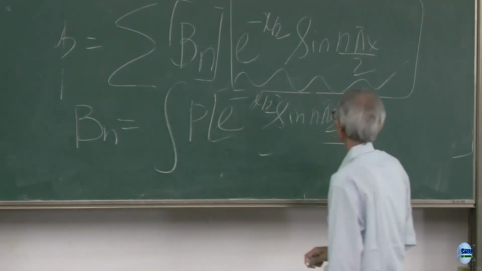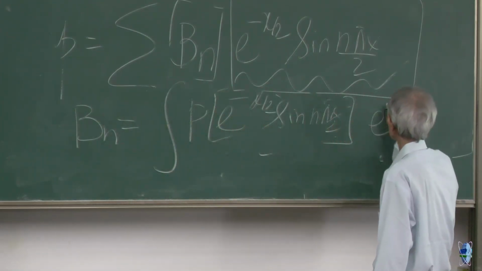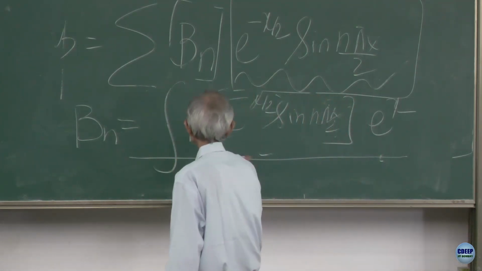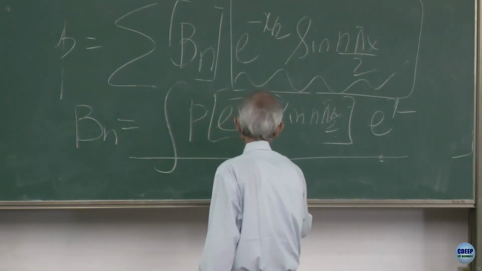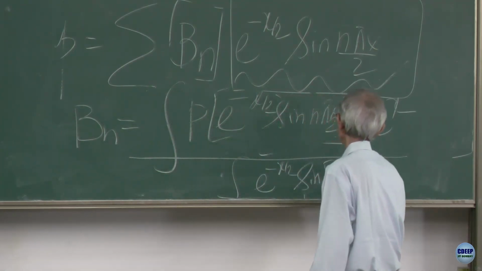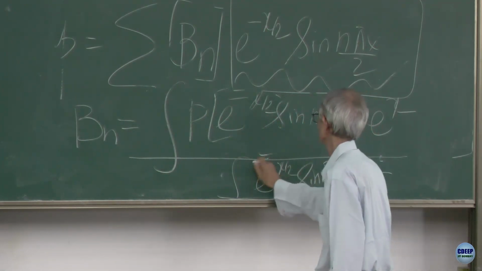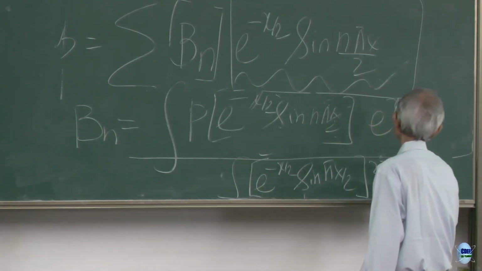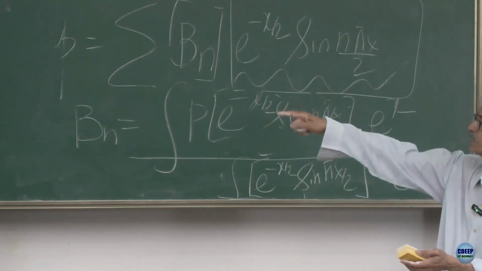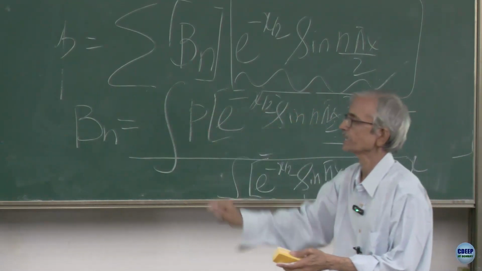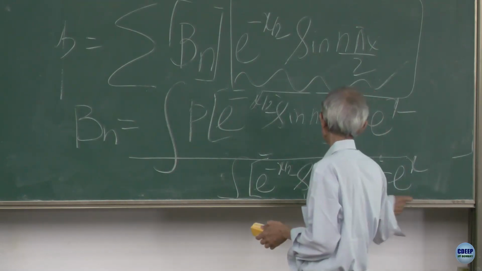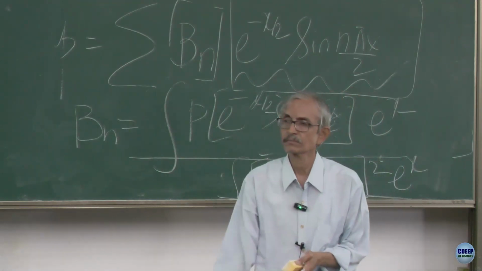This is the eigenfunction multiplied with e to the x, which is the weight function, divided by the integral of e to the minus x by 2 sine n pi x by 2 the whole square, multiplied with e to the power of x. And in this particular case, the e to the minus x by 2 and e to the x cancel out, and indeed you see that the denominator is going to be an orthogonal function.